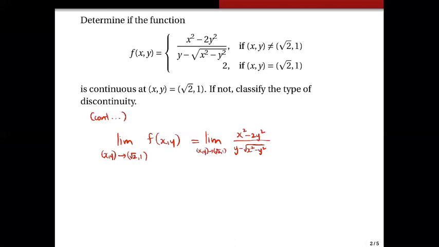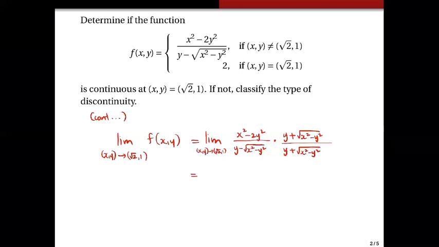So what we're going to do is multiply both the numerator and denominator by the conjugate of the denominator. So we multiply both by y plus square root of x squared minus y squared.